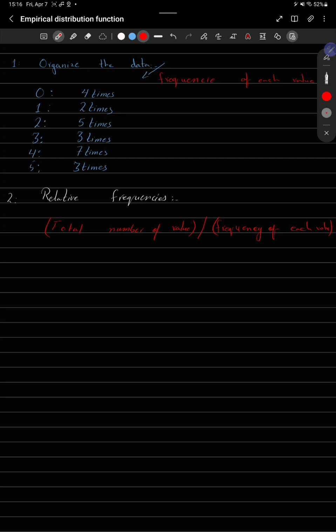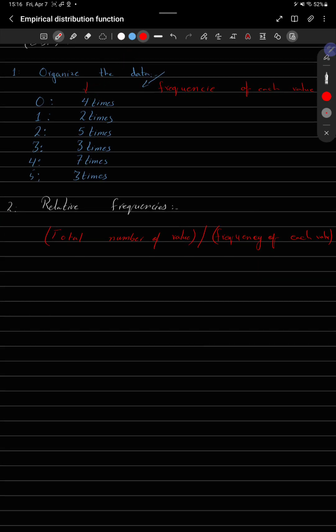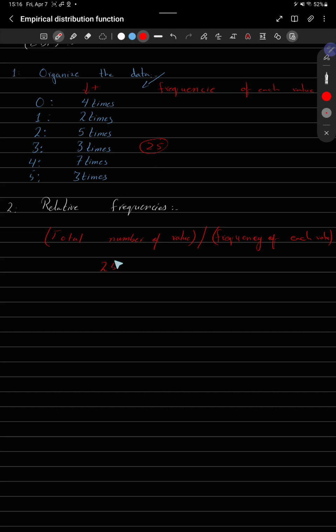So how many total numbers we have? If we add all these values, 4, 2, 5, 3, 7, 3, we get 25. So the total number is 25, and we divide the frequency of each value by it. Let's solve this. For 0 we got 4 times, divided by 25.